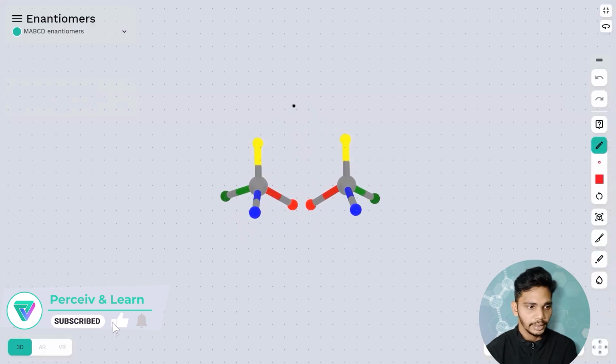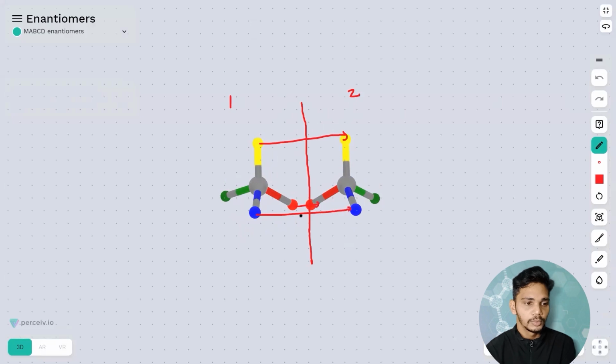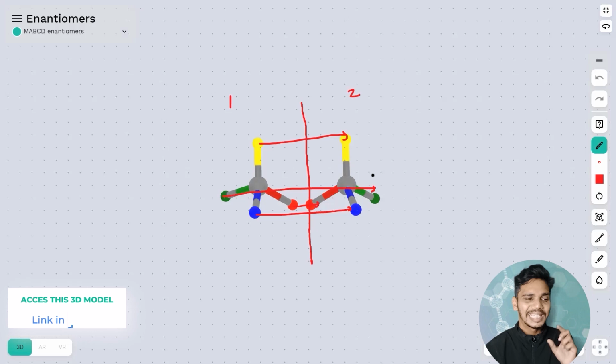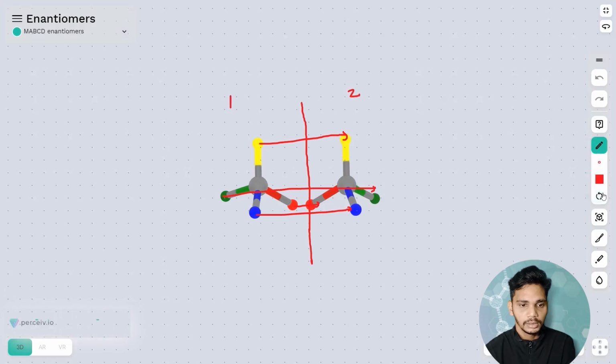Suppose I'm taking a red color and drawing a line here. This is part 1 and this is part 2. Can you see that? The yellow molecule is exactly at the position of the red, the blue is exactly on that position, and the green molecule is exactly there. Don't you think they are at equal distance from each other? That's a mirror image of each other.